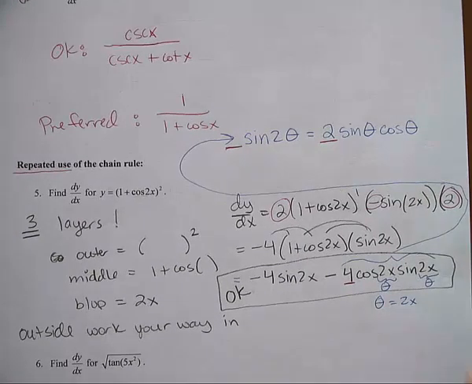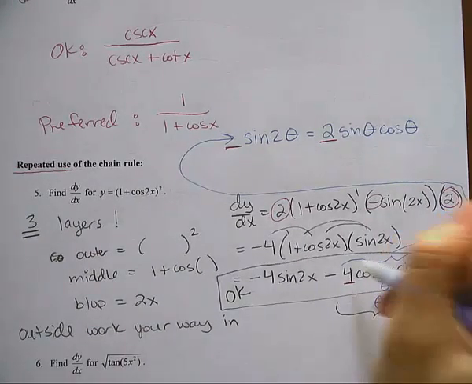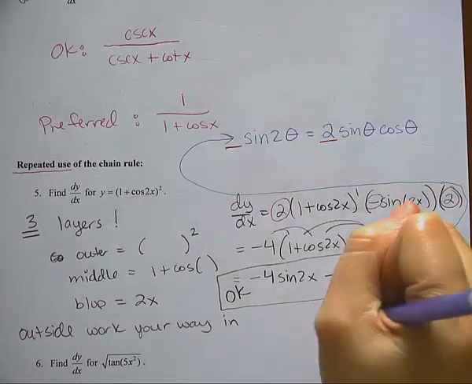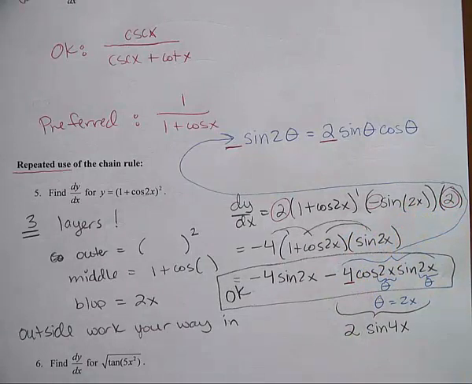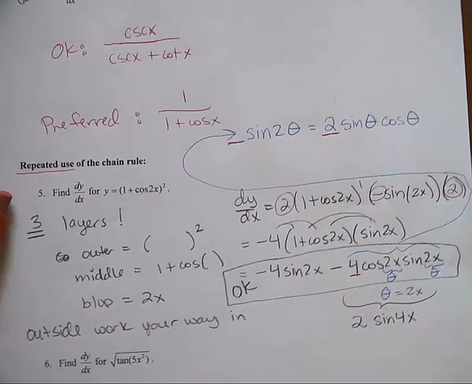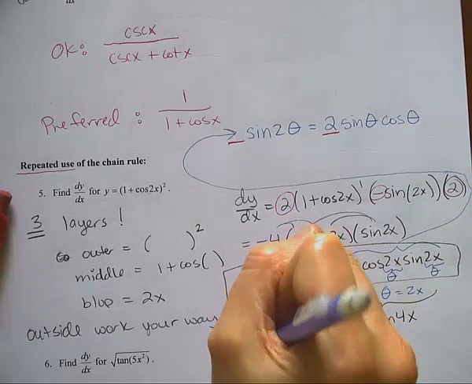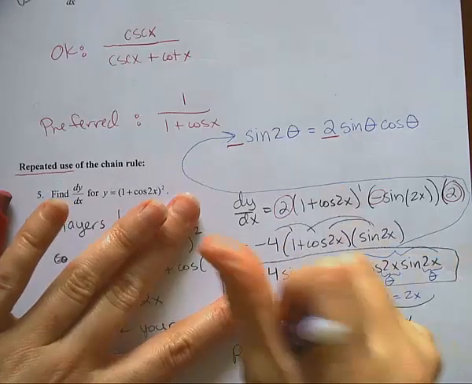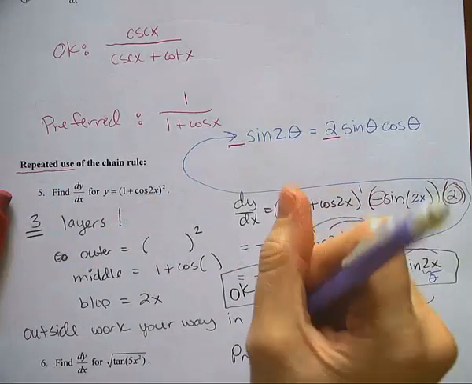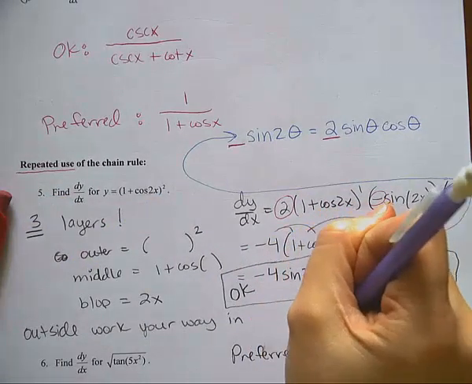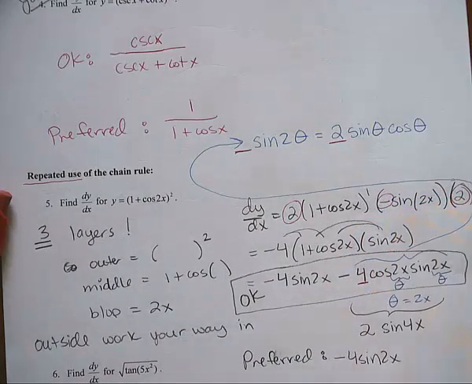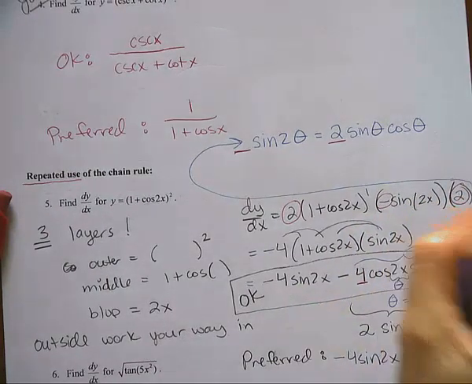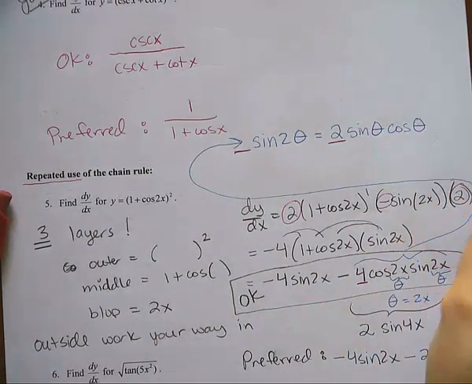So this whole part, the 4 cosine 2x sine 2x, could be rewritten as 2 sine 4x, which is considered simpler since it's not so much stuff going on. So then my final answer, or the preferred answer, is negative 4 sine 2x, that part didn't change, minus 2 sine 4x.